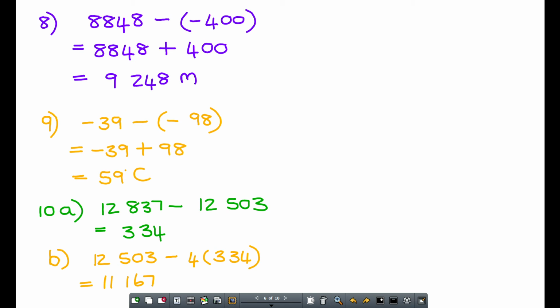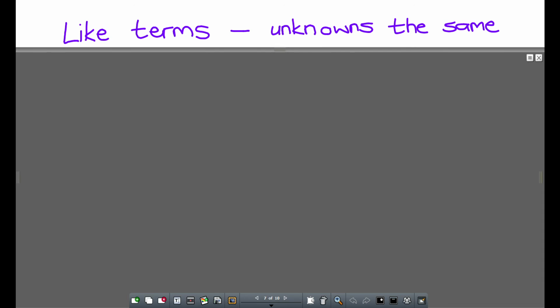Yes, ma'am. Okay. So what we're doing now is looking at the properties of integers. Let me see, who's still copying here? Okay, let's see. Like terms. What are like terms?